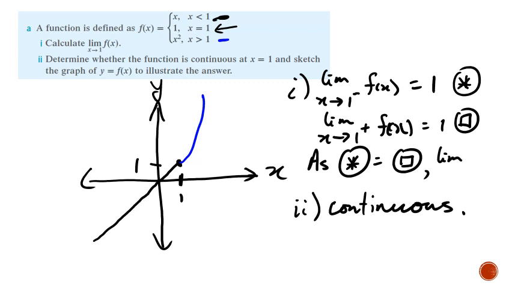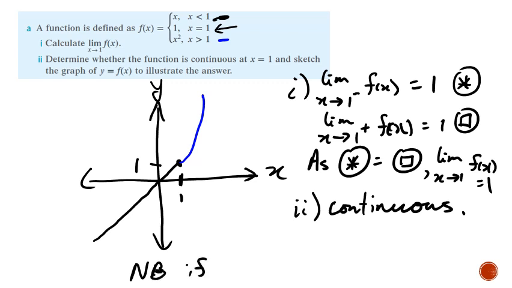See what I did on the side? I wrote down a star and a square. You're allowed to do that. I didn't make that rule up, by the way. Normally people use 1s and 2s instead of stars and squares, that's all. Now, because the two limits are the same, then you can write down that the limit of f of x equals 1. So I'll just put a note.